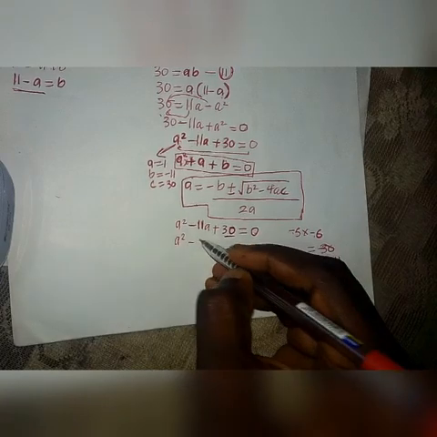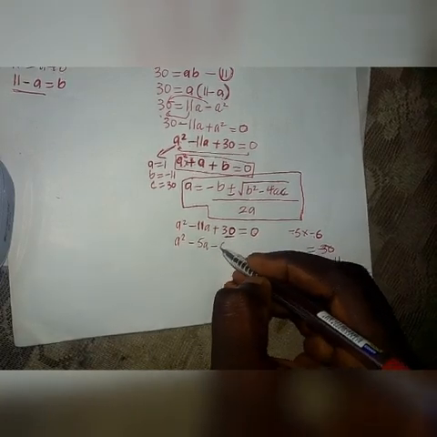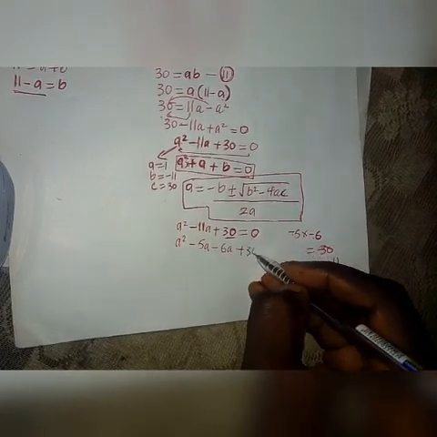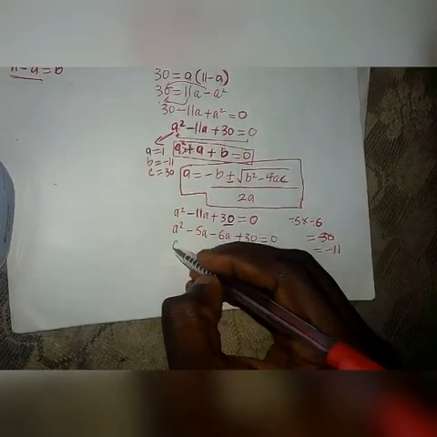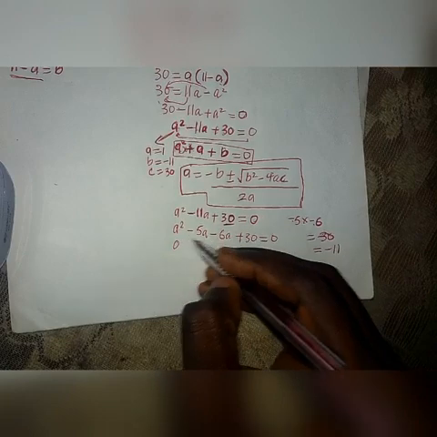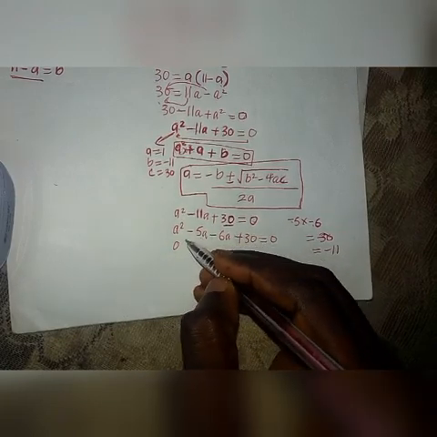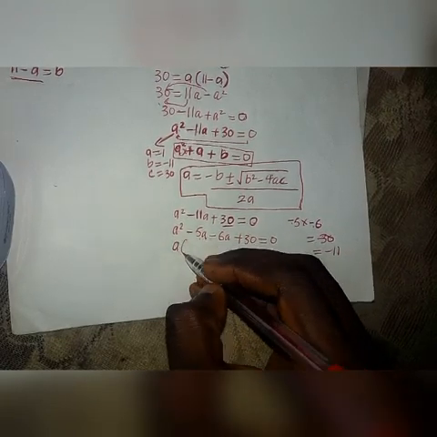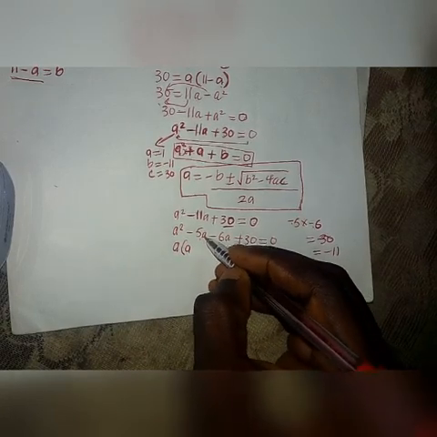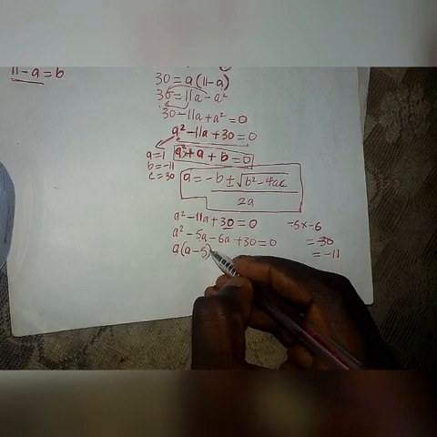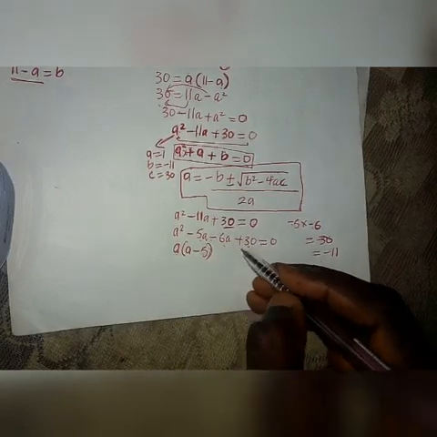You now replace the 11 here with them. That's a square minus 5a minus 6a plus 30 is equal to 0. Then between a square and minus 5a, what's common between them? That's a. Then a square divided by a is a, minus 5a divided by a is minus 5. Between minus 6a and 30, what's common between them?